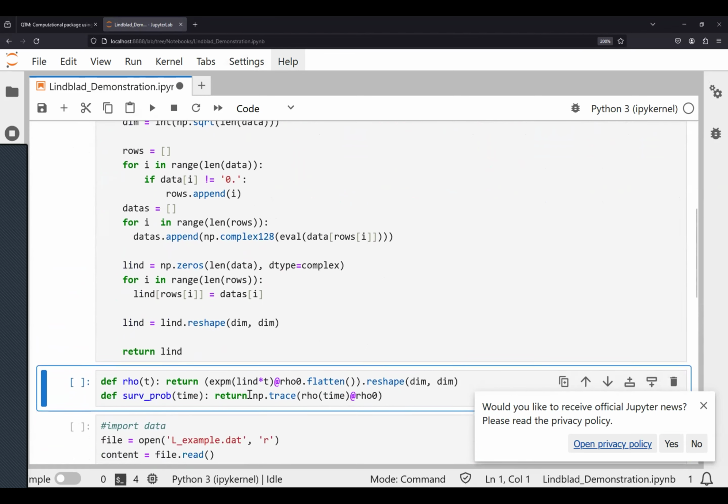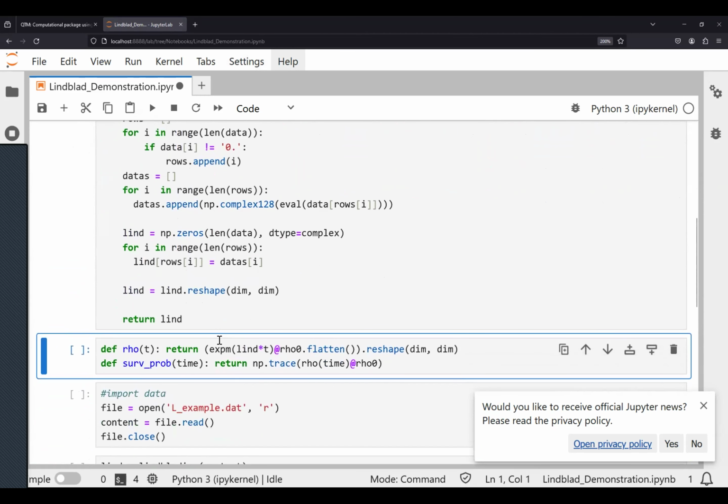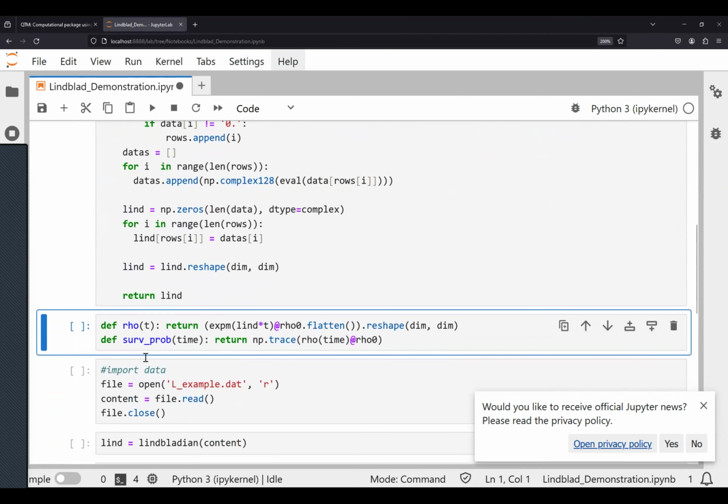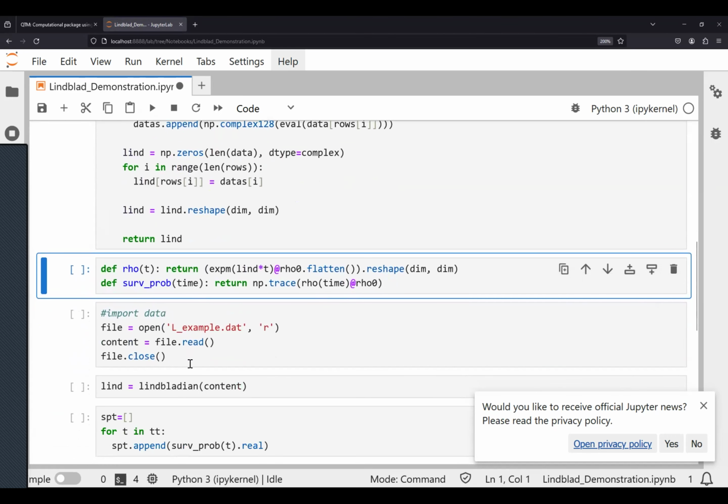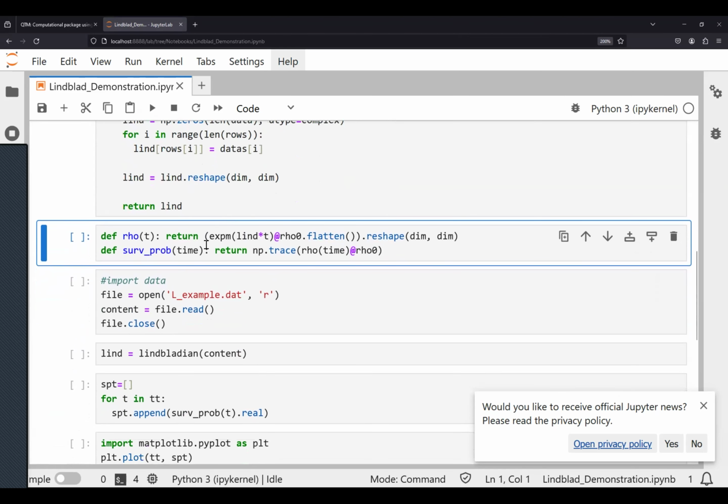Okay, so you brought that in and now you're going to create that exponential. And that is the part that you are solving. Now you're evolving the system and computing the survival probability. Of course. So we solve for rho at a time that you can input, and it returns the value.